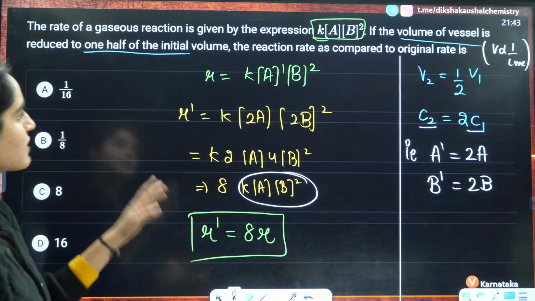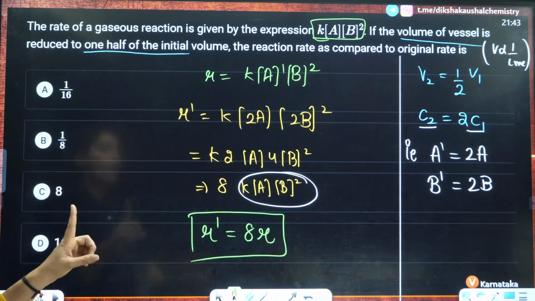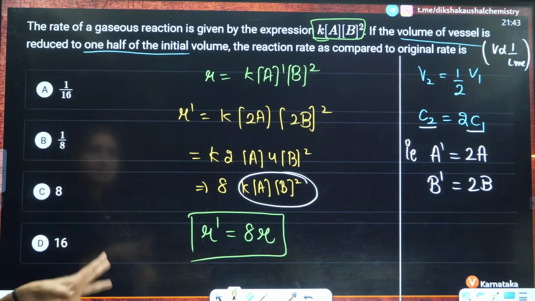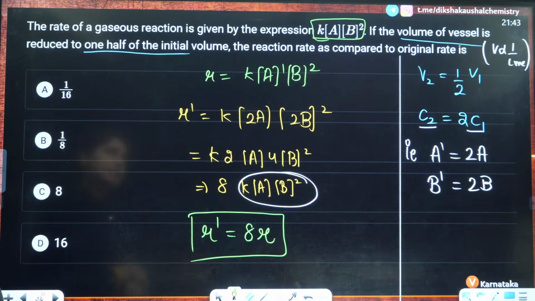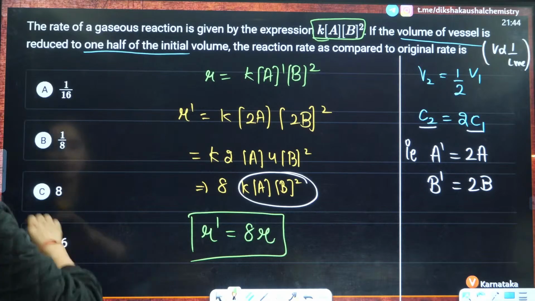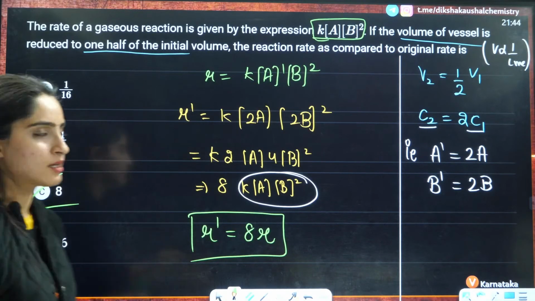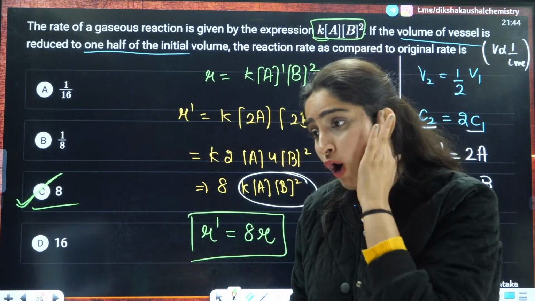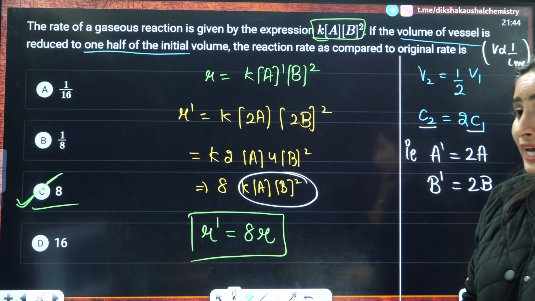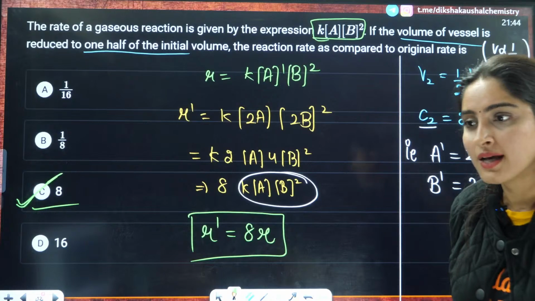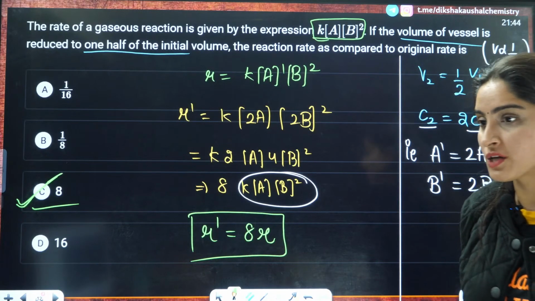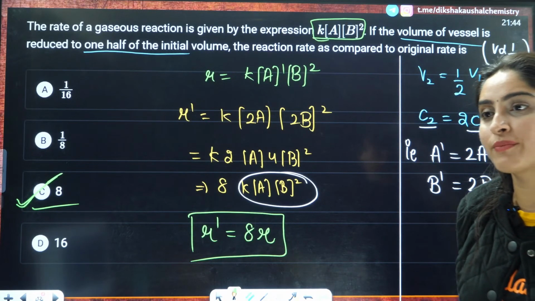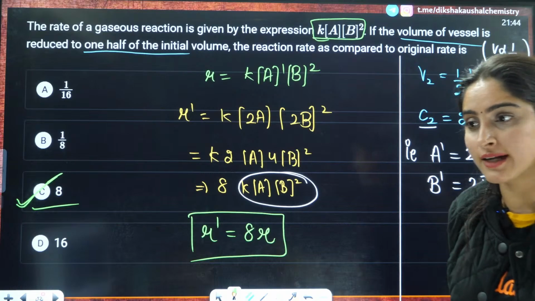Now they are asking the reaction rate as compared to the original rate. It is 8 times, yes. So C will become the correct answer. As compared to the original rate, it is getting 8 times. Everybody in the chat box, are you able to understand this or not?